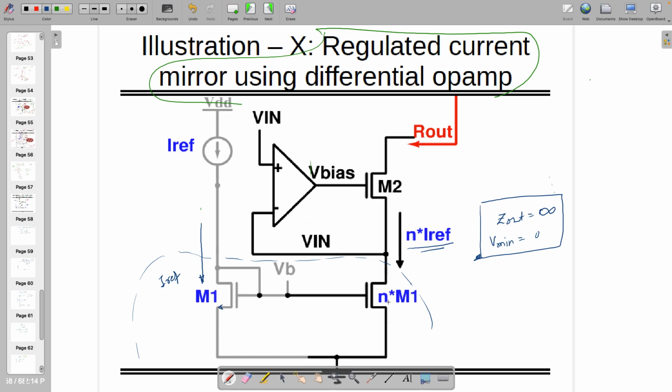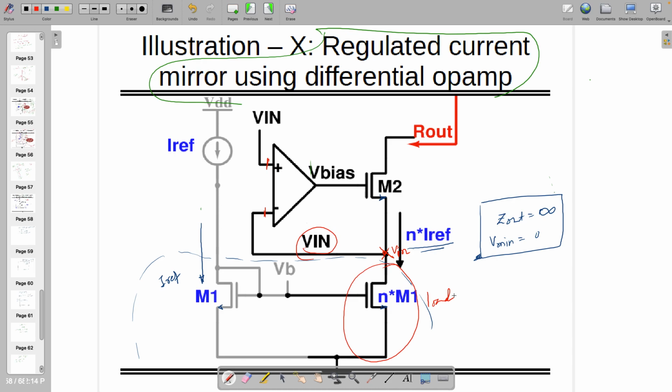So if you look at this circuit, if this is VIN, this has to be VIN only, right? And this is fixed to VIN. It doesn't matter what load you have. This is a load, right? What load you are having, it doesn't matter.